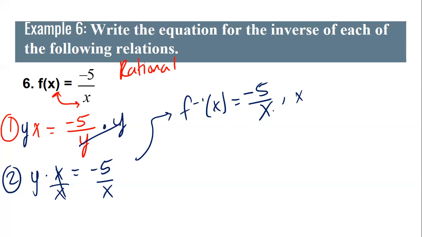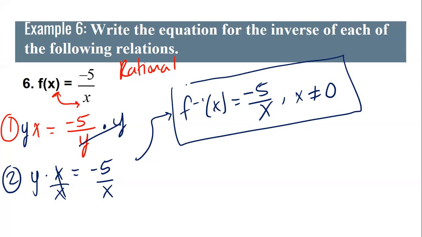And just to make this a function, x cannot equal 0, because we can't have what in the denominator? 0. But in our parent function notes, we wrote that rational functions are the inverse of themselves. All right, that concludes 1-4B.